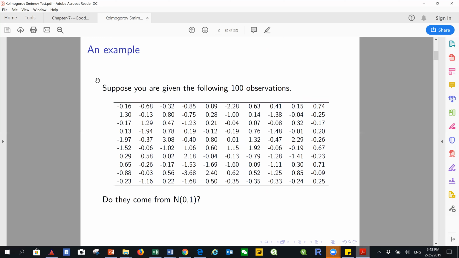All right, now here's an example. Suppose you have 100 observations. Then you want to see, do they come from a normal with mean 0 and standard deviation 1, so this is the standard normal distribution. My homework for you is to generate 100 numbers from an exponential distribution.